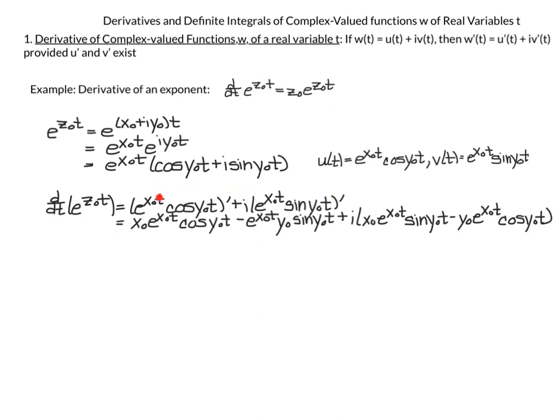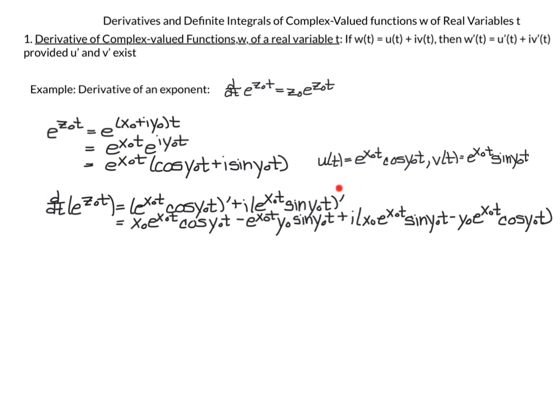Taking the derivative of this, making sure I use the product rule because I have two functions of t, the derivative of e to the x naught t is x naught e to the x naught t times cosine y naught t. And then I'm going to take e to the x naught t times the derivative of cosine y naught t. So that gives me a minus sign and a y naught sine y naught t, plus i.